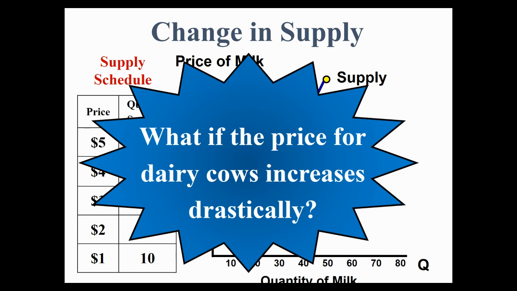But wait, what if the price for dairy cows increases drastically? What is a dairy cow to milk? That's an input. So that's an outside factor. So let's think about that. If it costs me more to buy a cow, so let's say I have $1,000, and every year I buy cows with my $1,000.